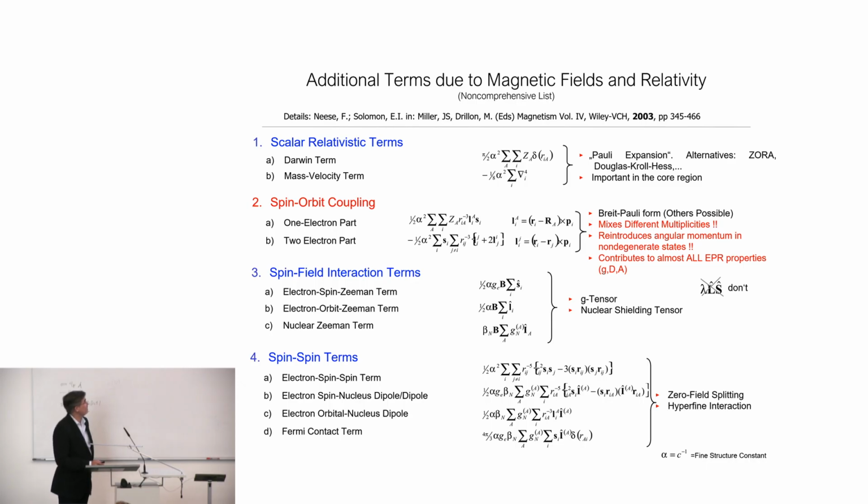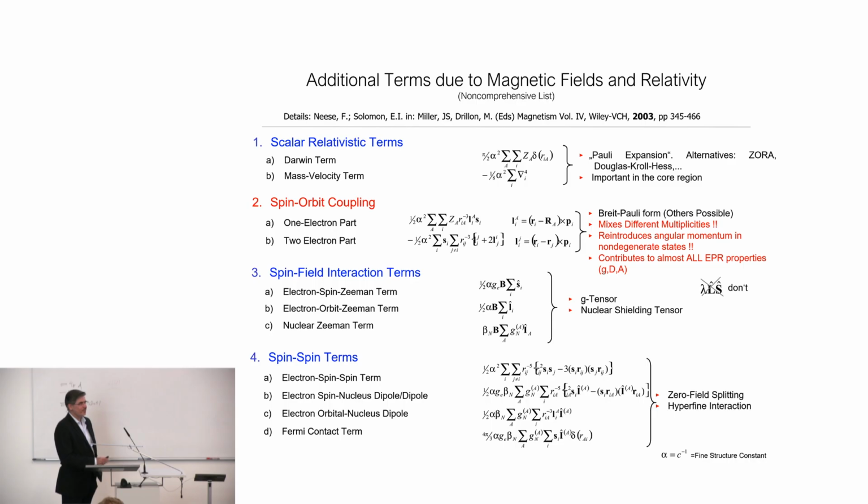I note one thing in passing that I've been fighting without any success for the last 30 years, and that is in many textbooks you find the spin-orbit coupling written as lambda times a capital L times capital S, where capital L is the angular momentum operator and capital S is the total spin operator. This is really a mistake.